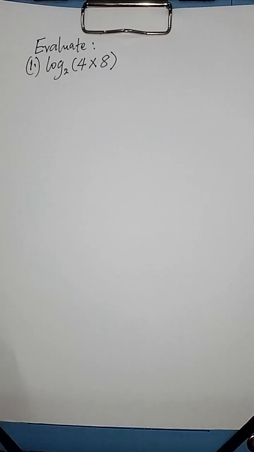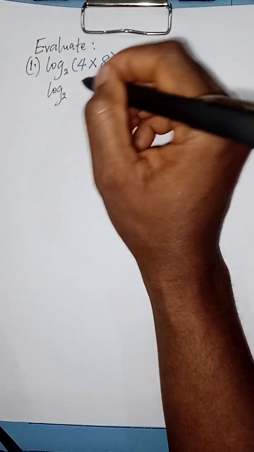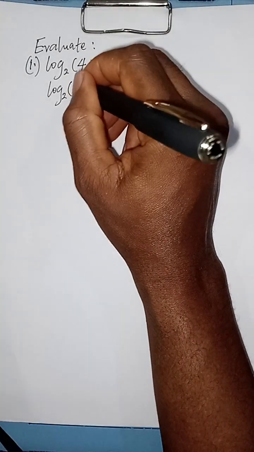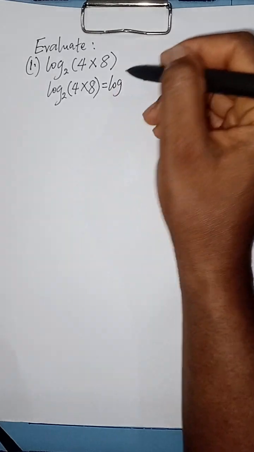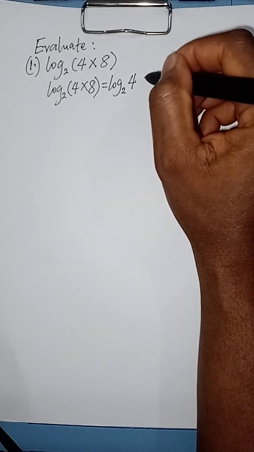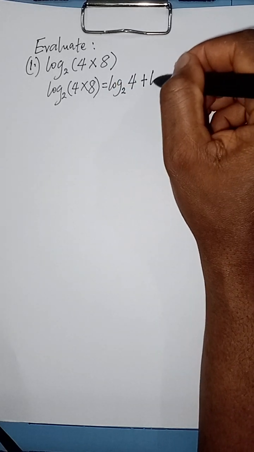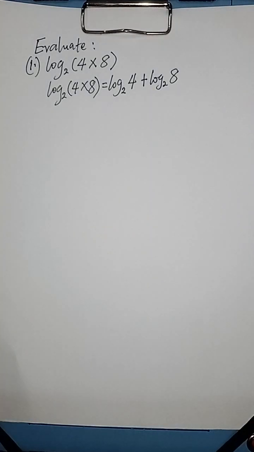Okay, let's check out number 1 example. Evaluate log 4 times 8 to base 2. Remember one of the rules of the logarithm? That when you're multiplying like this, here you have 4 times 8, you can express it as different logs to the same base. So this is log 4 to base 2, the multiplication sign becomes addition, plus log 8 to base 2. That's one of the rules.